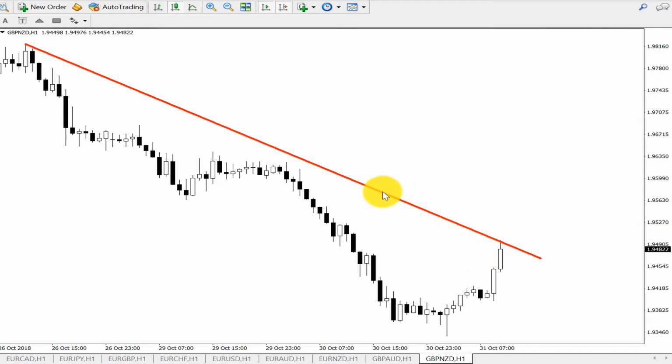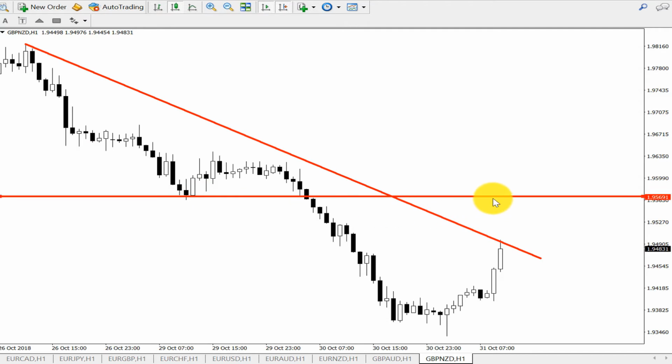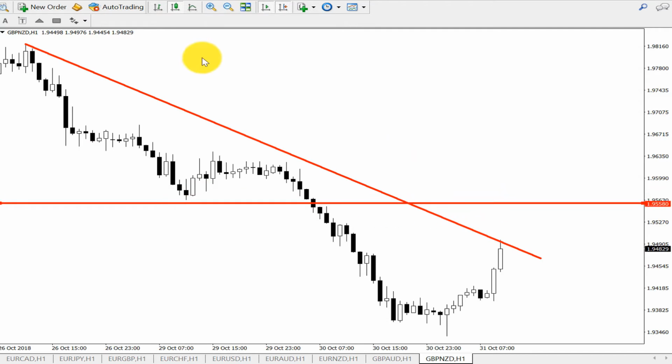Again, the same logic will be applied to GBP New Zealand dollar. We will wait for price to come to this area, and if we see any rejection, we will sell pound against New Zealand dollar.